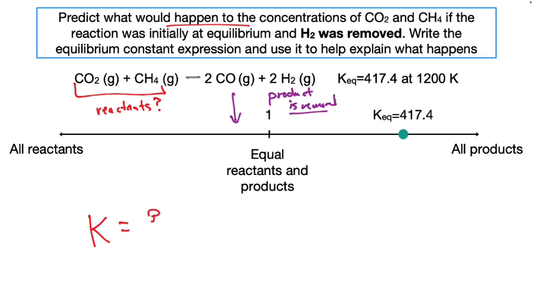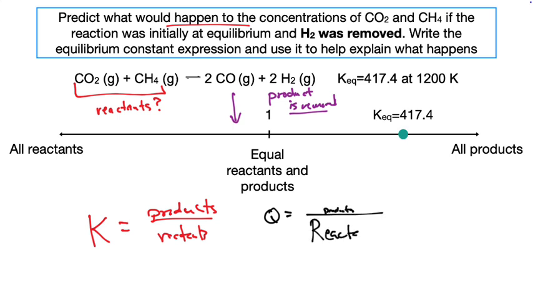The Q and K expression is products over reactants. If I'm going to go through and solve Q, my product concentration is removed, which means I have small products and I have large reactants. What's going to be the size of my Q value? So we could start to manipulate our numbers, okay?